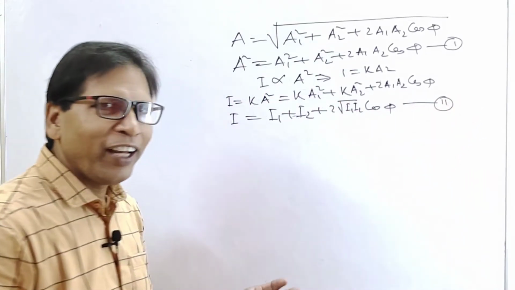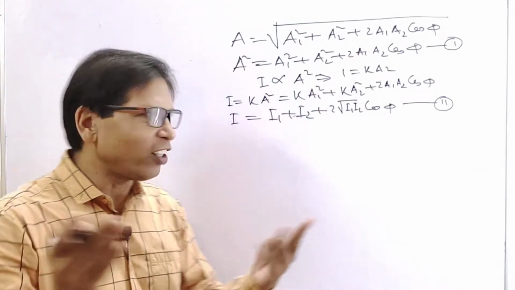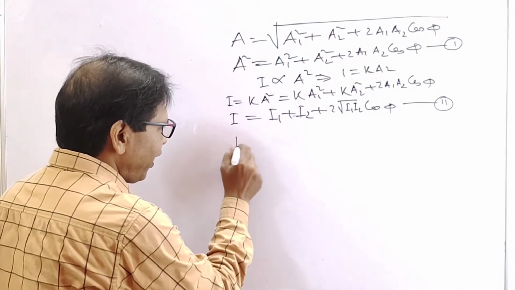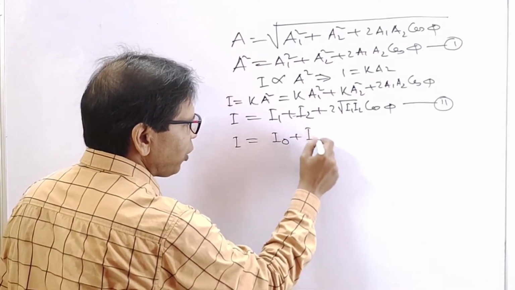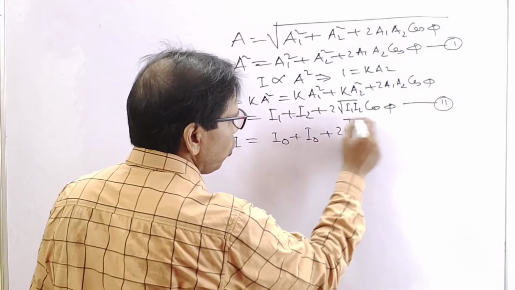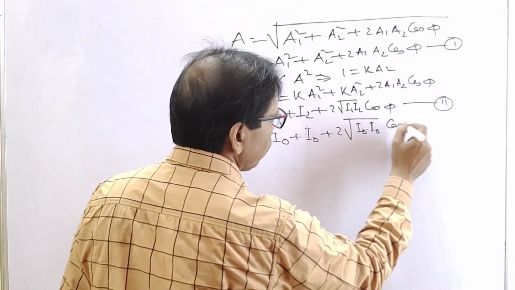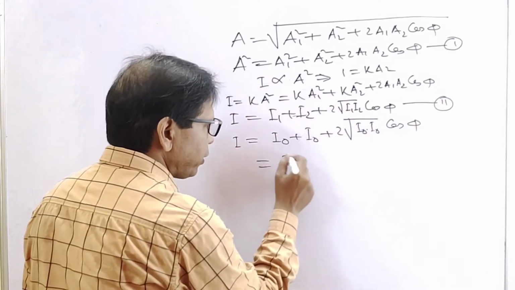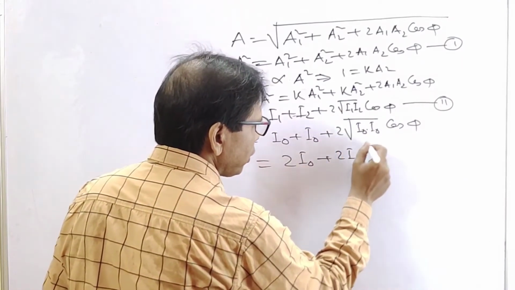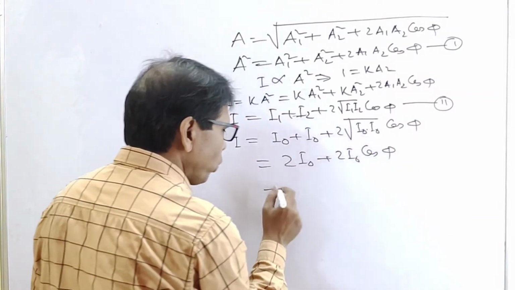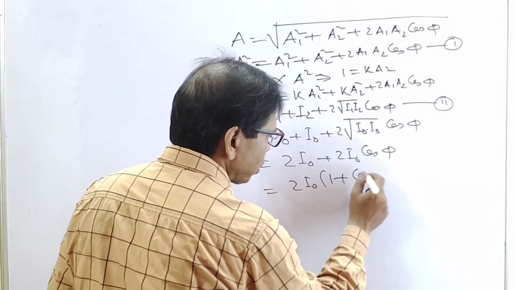Now if I1 equals I2 equals I0, here I equals I0 plus I0 plus 2 times root of I0 squared into cos phi. So this is 2 I0 plus 2 I0 cos phi, which is 2 I0 into 1 plus cos phi.